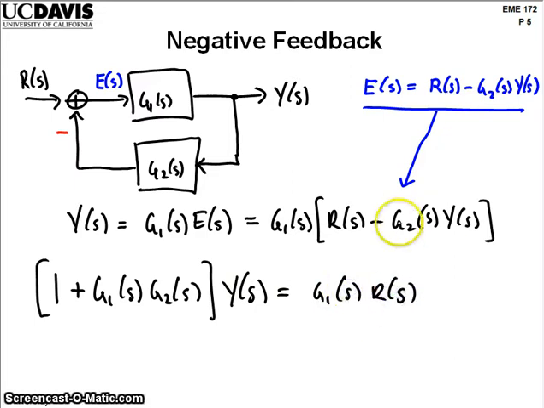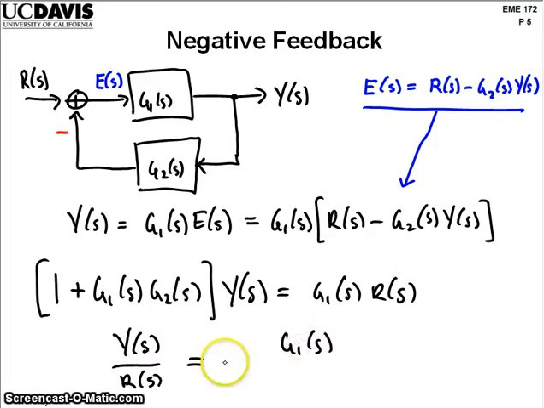Okay, so you see what I did? It's minus g1, g2 over here, and I pushed it over to the left-hand side, so I get plus g1, g2 when I put it on the left-hand side. And so now what I can do is I can solve for the transfer function. Y, the output over the input, Y over R is equal to G1 of S divided by 1 plus G1, G2.